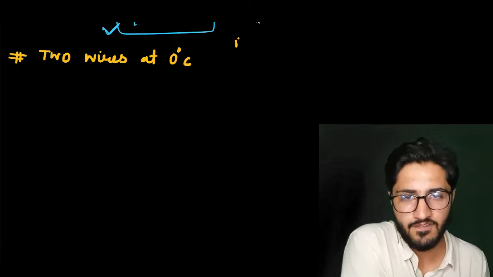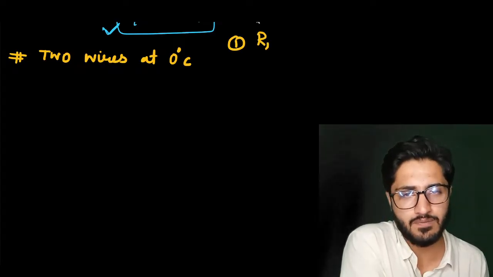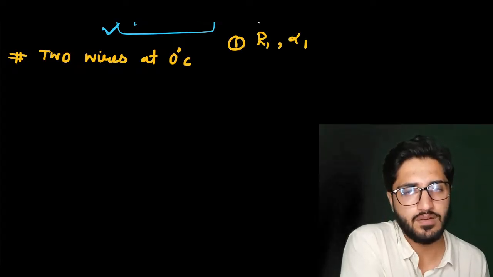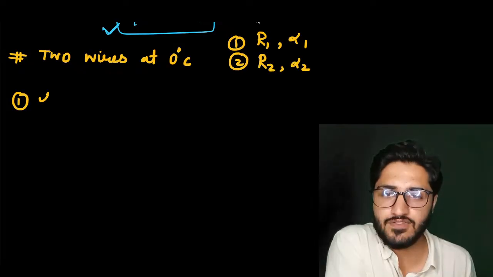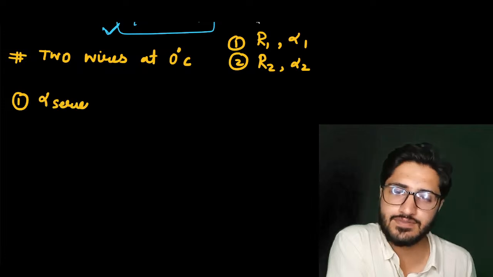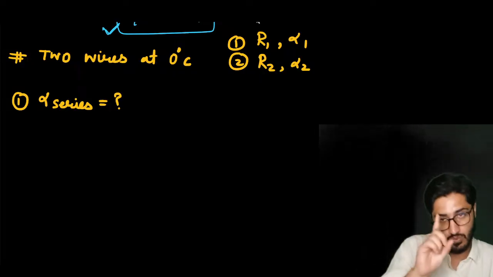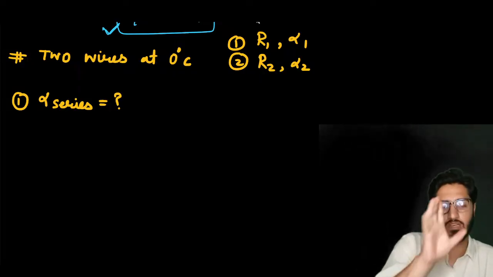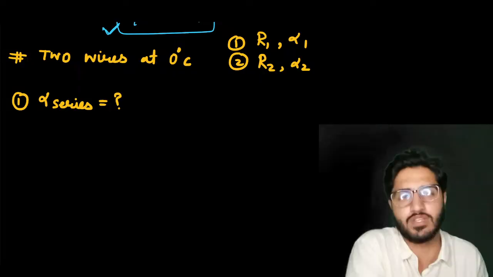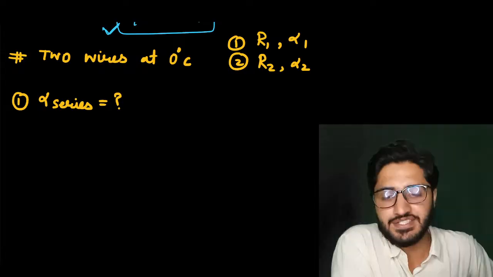First wire has resistance R1 and alpha 1. Second wire has resistance R2 and alpha 2. Find alpha in series. This one is a very good sort of derivation. Okay, alpha in series.